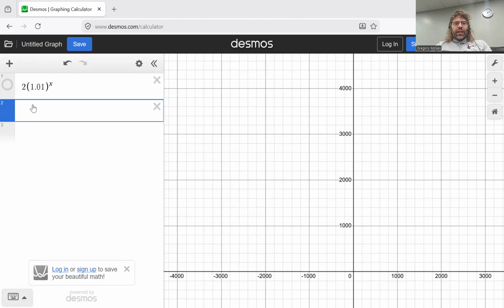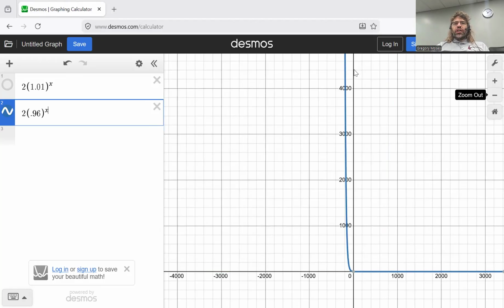By contrast, if we have a negative r, you see it's now a decreasing, concave up function.